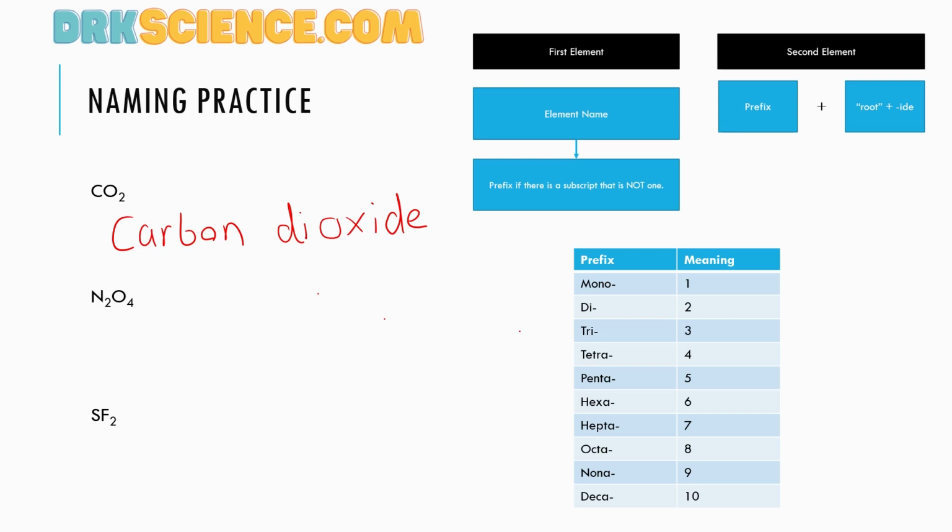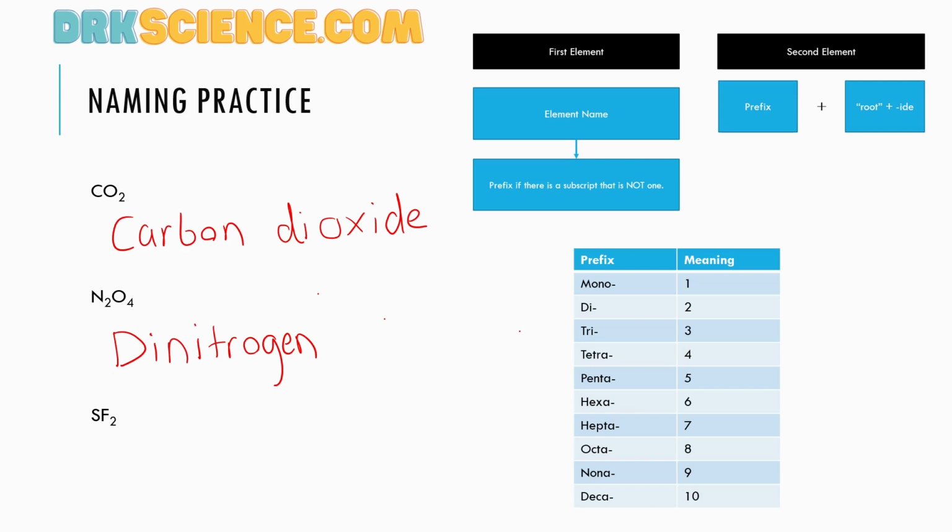Now we can go to our next one, N2O4. Nitrogen is our first element, and we see that it has a subscript of 2. So in that case, we have di, and then we just write the element name, dinitrogen. And now for our second element, we have oxygen, and there are 4 oxygens.